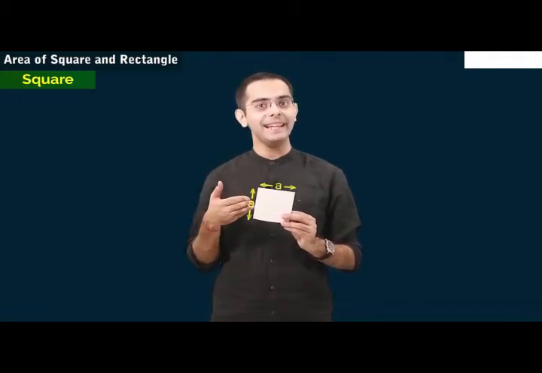So if we have a square whose length and breadth are of a centimeters, then what will be the area of this square? Well, let's answer this question by doing a simple activity. Okay, so what do we need for this activity? Yes, so we need this paper of length a centimeter, and what we are going to do next is that we are going to fold this paper a times till we reach the end of this paper.